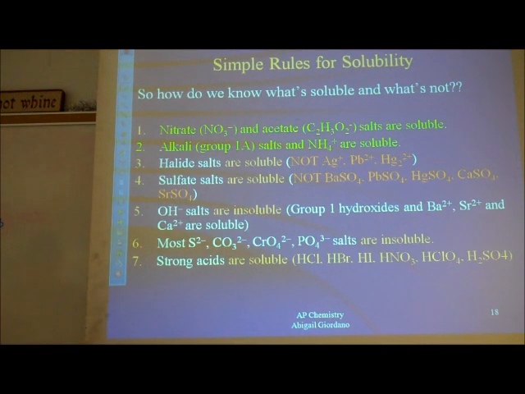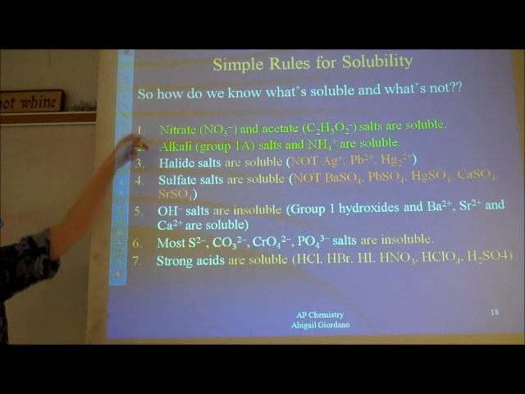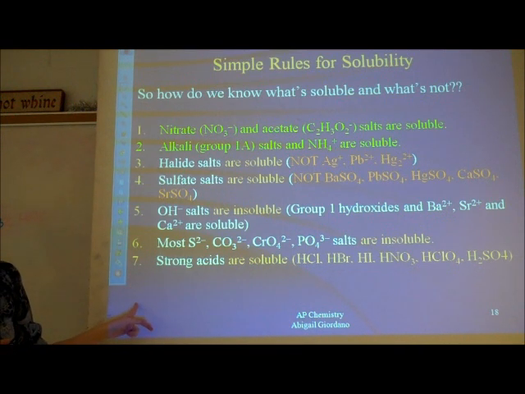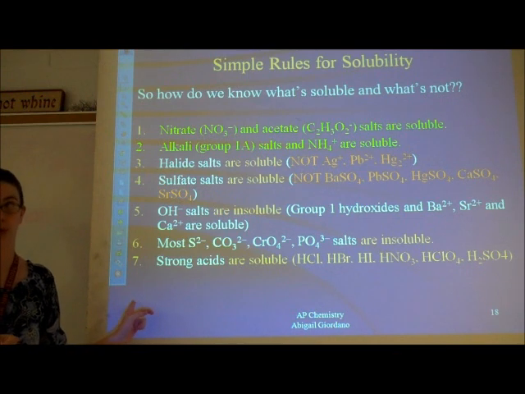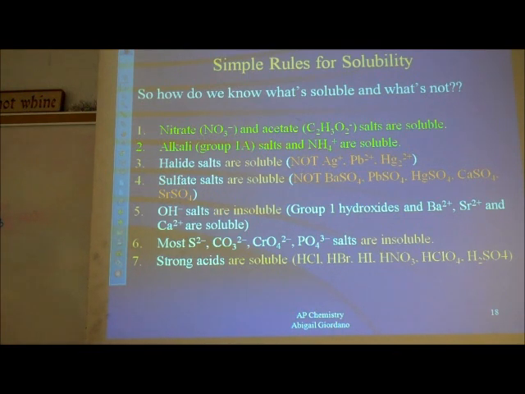From last year all the way back to like the 1960s, since this test was first being given out, people have had to memorize these. You be thankful that you don't. You are the first class to come through that does not have to memorize these.